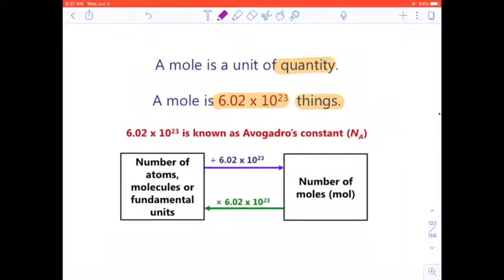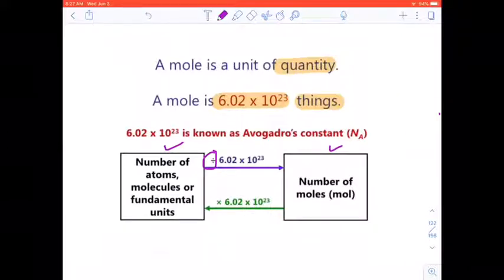If we look at here, we've got the number of atoms, molecules, or other fundamental units, and on this side, we've got the number of moles. So if we want to go from the number of entities to the number of moles, we must divide by 6.02 times 10 to the 23.